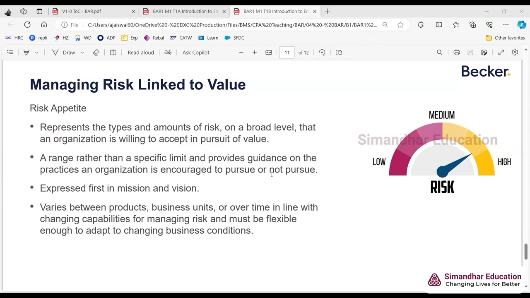Let's say one person has 1 crore and is ready to invest 50 lakh rupees in Bitcoin, 50% of their entire portfolio. Then do they have a higher risk appetite or lower risk appetite? H or L? Correct, they have a higher risk appetite.